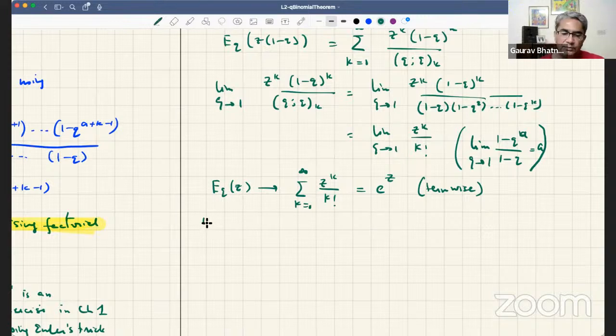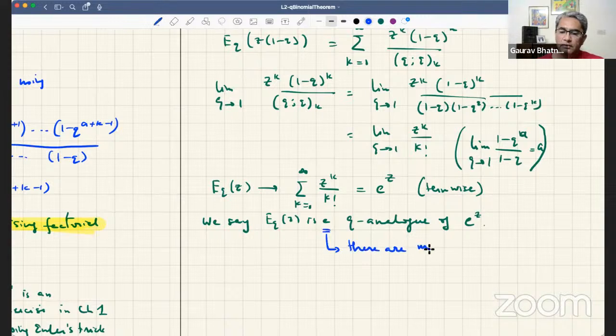And we say E_q(z) is a q-analog of e^z. I say a q-analog because there are more useful q-analogs.